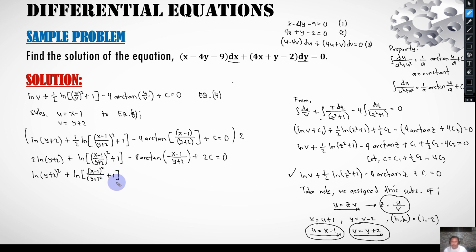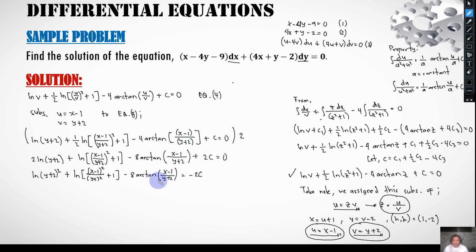And this would be now equal to minus 8, no? Arctangent of your x minus 1 over your y plus 2. And then this could be equal now to negative 2c. Okay.